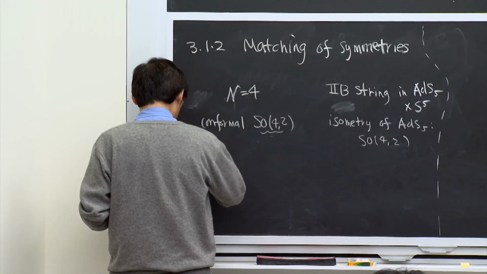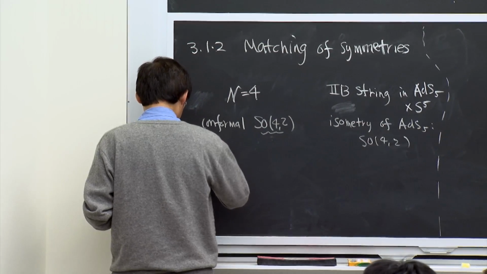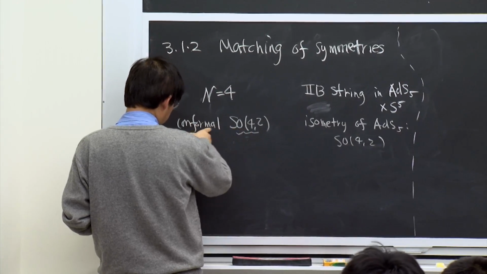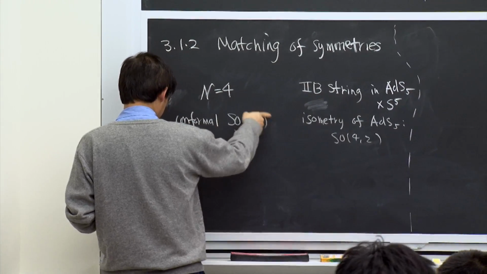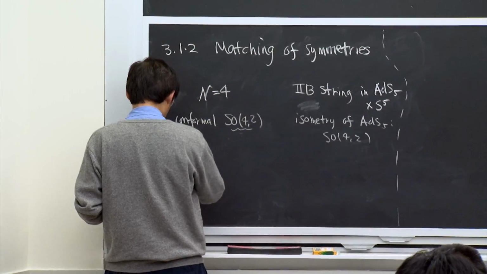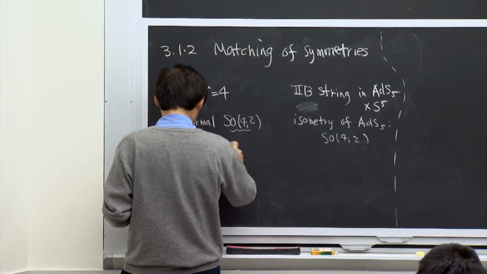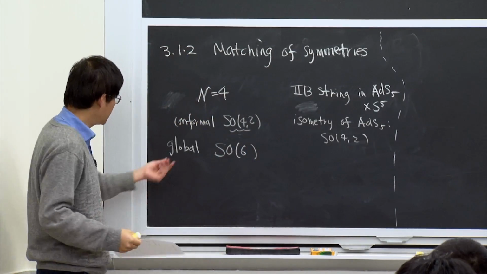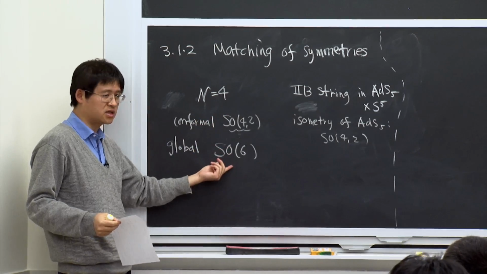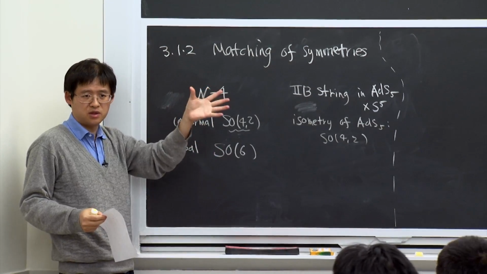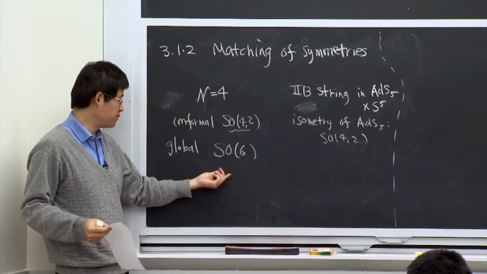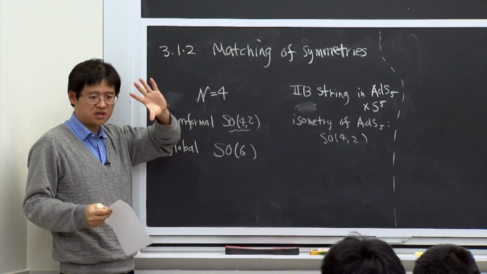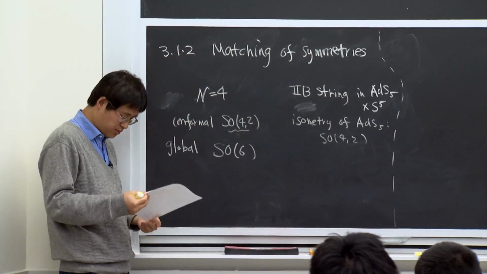In the super Yang-Mills theory, there is also a global symmetry, which we discussed before. This one is associated with spacetime, and there is also a global internal symmetry, SO(6). In super Yang-Mills theory, as we discussed last time, there are 6 scalar fields, and you can rotate them into each other. This can be considered as coming from the D3 brane: you can rotate the 6 transverse directions.